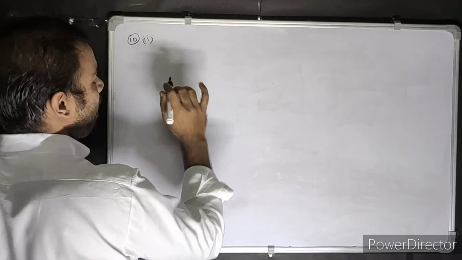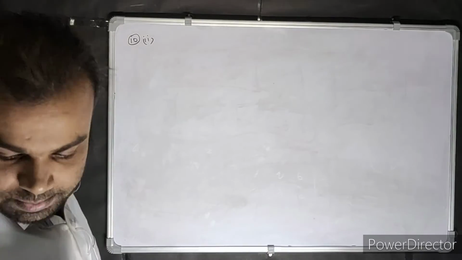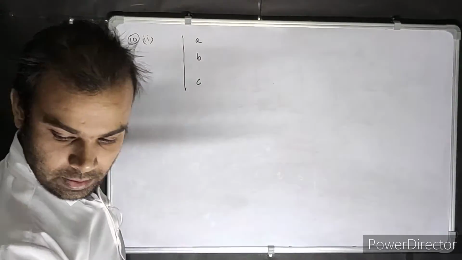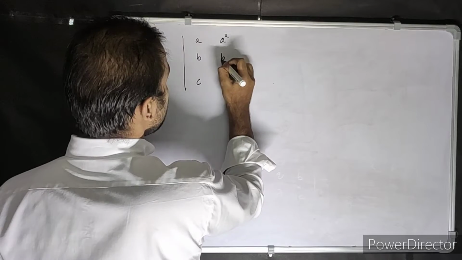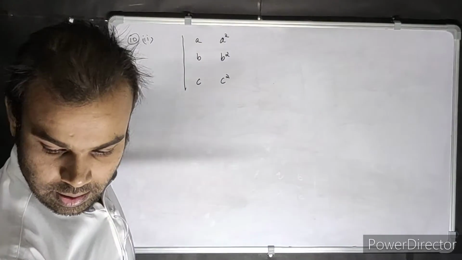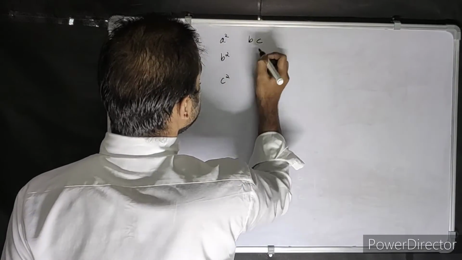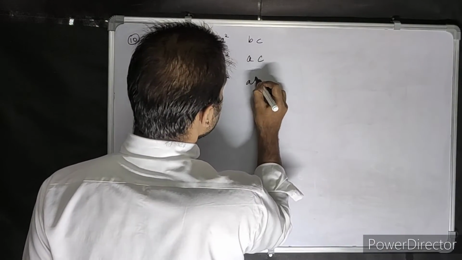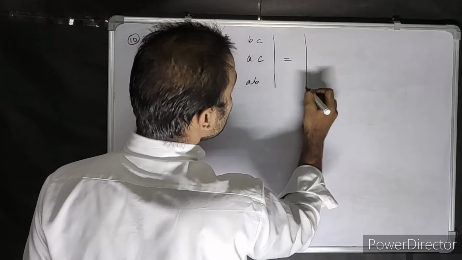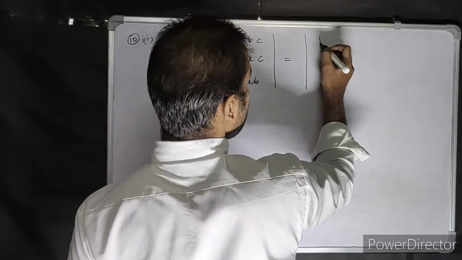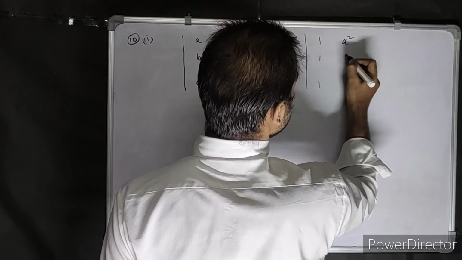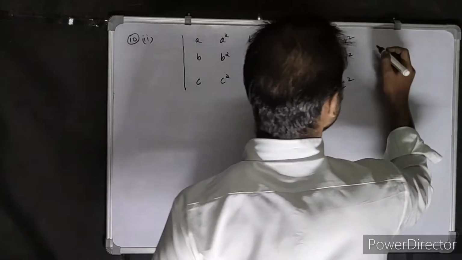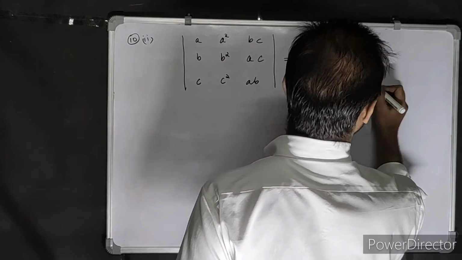Prove without expanding. Prove that the determinant with rows a, b, c; a square, b square, c square; and bc, ac, ab is equal to the determinant with rows 1, 1, 1; a square, b square, c square; and a cube, b cube, c cube.